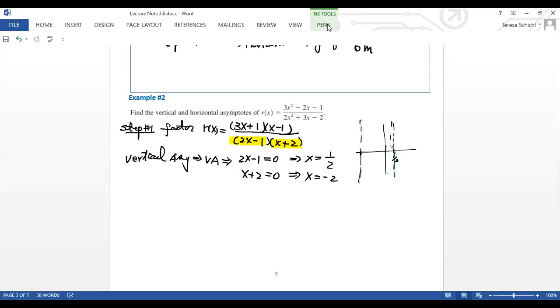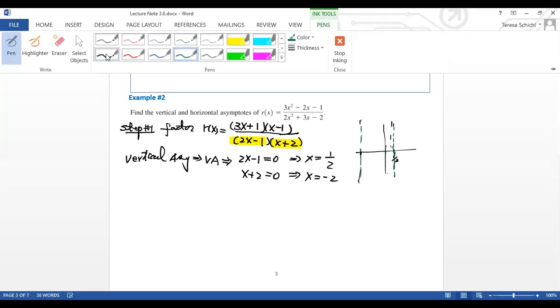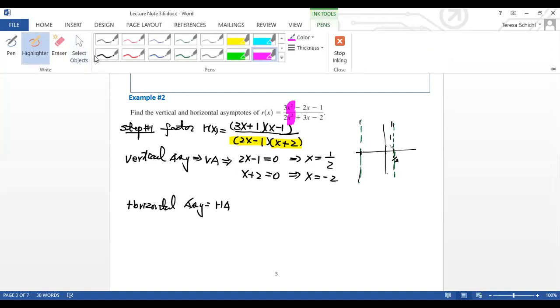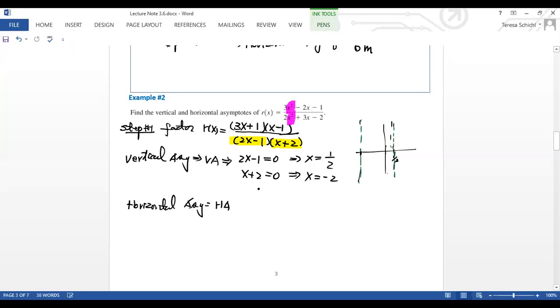Okay, now the horizontal asymptote is also pretty easy. Now we use HA. Let's see the largest exponents. The largest exponent is x squared on top and x squared on the bottom, so they have the same x squared. So what is the horizontal asymptote?